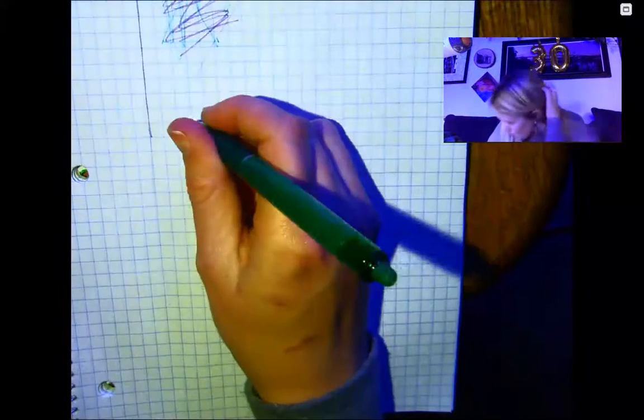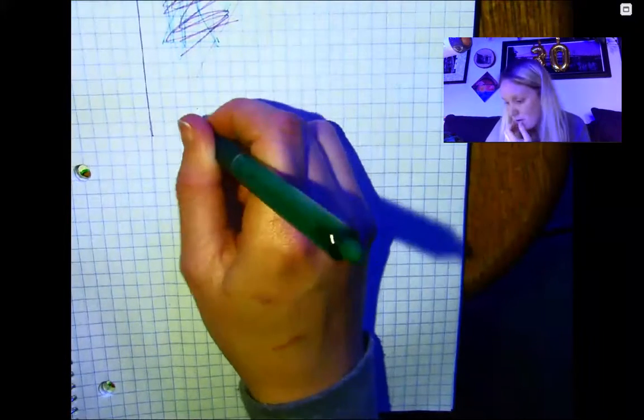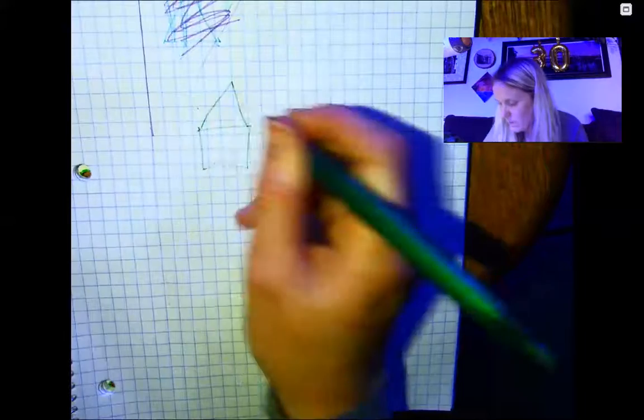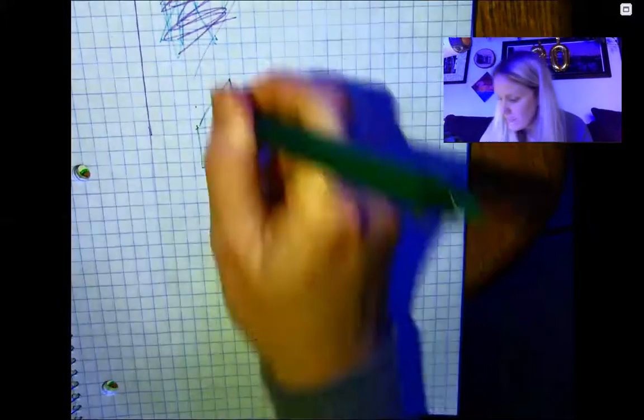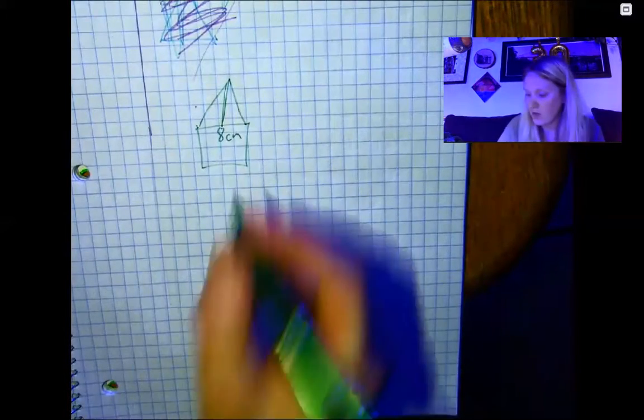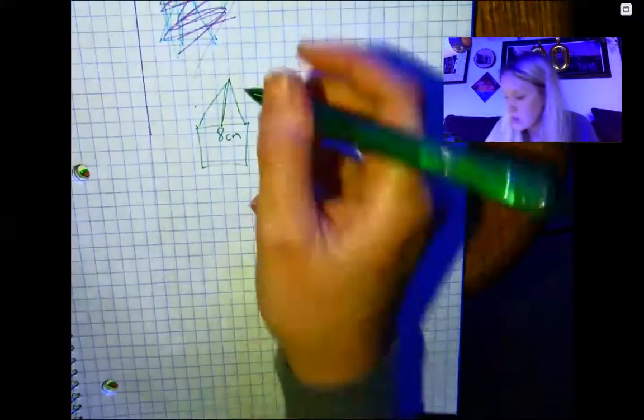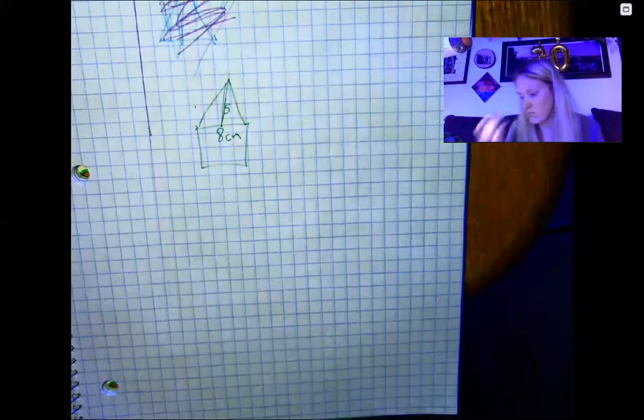Okay. If I had a square pyramid, and this was 8 centimeters, and let's say this height of the triangle, not the slant height from the center with the circle, let's say this was 5.